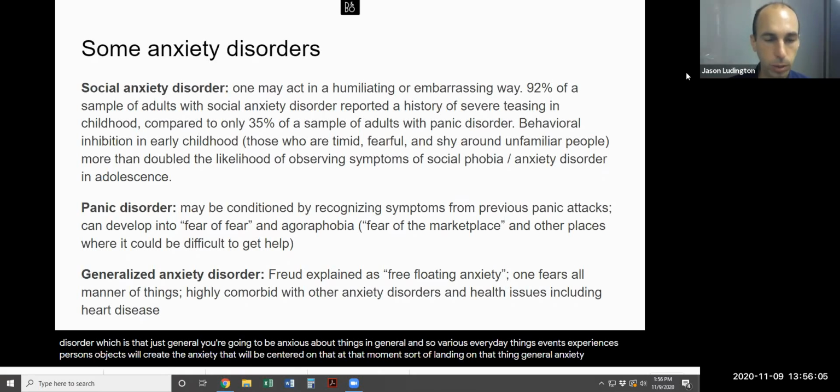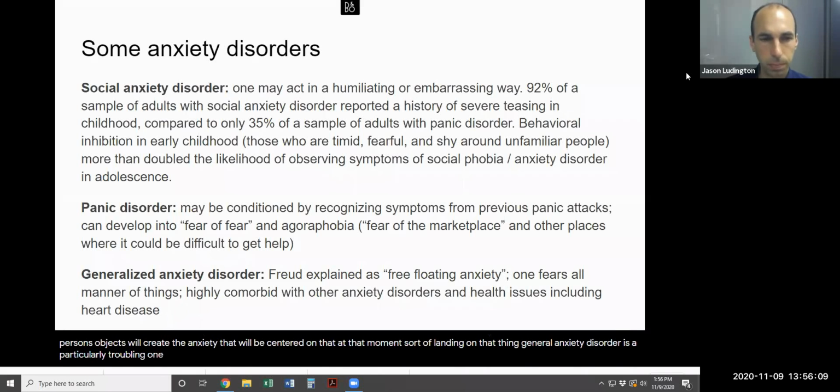General anxiety disorder is a particularly troubling one. It's very hard to treat except with medication. Psychologists have had very limited success at curing GAD, as it's called, the acronym.